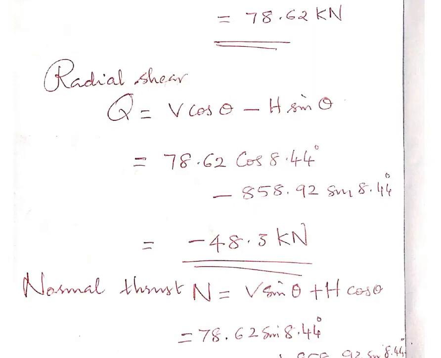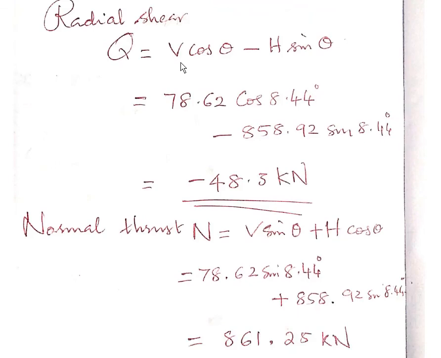So we already got the values of V, theta, H, etc. So now just substitute in the equations of radial shear and normal thrust. Radial shear Q is equal to V cos theta minus H sin theta, and normal thrust N is equal to V sin theta plus H cos theta. So substitute the values of V, the vertical shear at D, shear force at D, theta value, tan inverse dy by dx, H, the support reaction horizontal component.